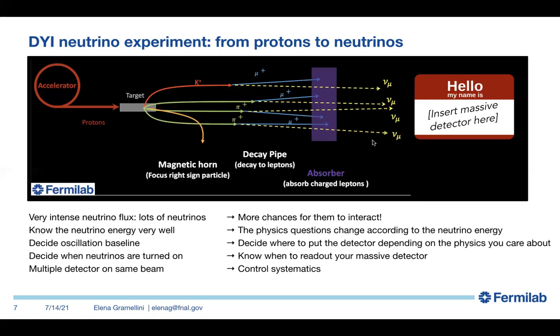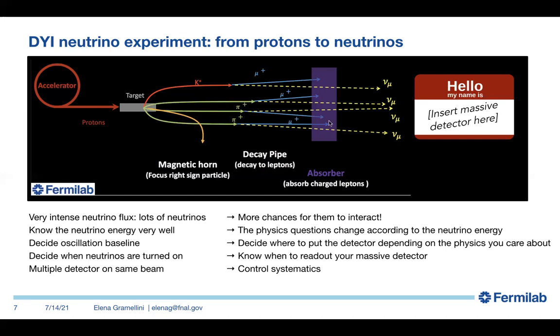The only way that you know how many neutrinos you're shooting is by knowing how many pions and kaons you had at the beginning. And so the fact that they interact messes with your neutrino count.